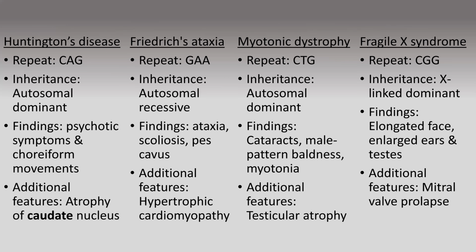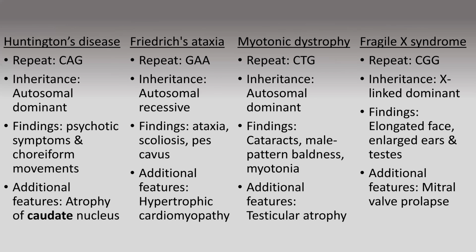Myotonia is where the muscles have difficulty relaxing after contraction. If you shake the hand of somebody with myotonic dystrophy and try to let go, their hand isn't able to let go immediately. That's classic myotonia. And Fragile X syndrome is everything elongated and enlarged: elongated face, enlarged ears, enlarged testes.